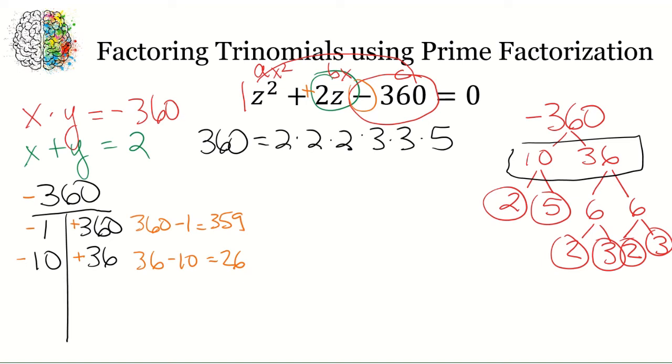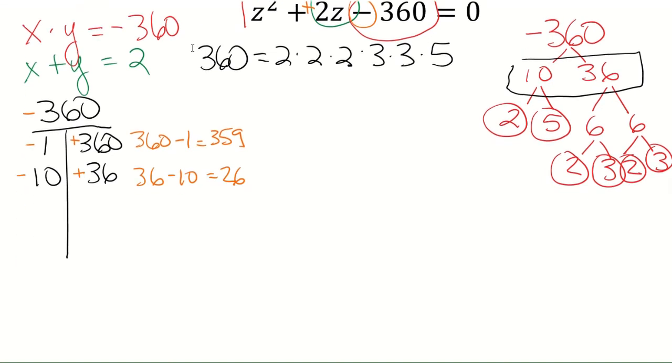So what I can do is rearrange these prime factors in any way that I want. So you can go the reverse on this tree, or you can group them from the numbers. So let's look at a couple of possibilities. We're going to go backwards.